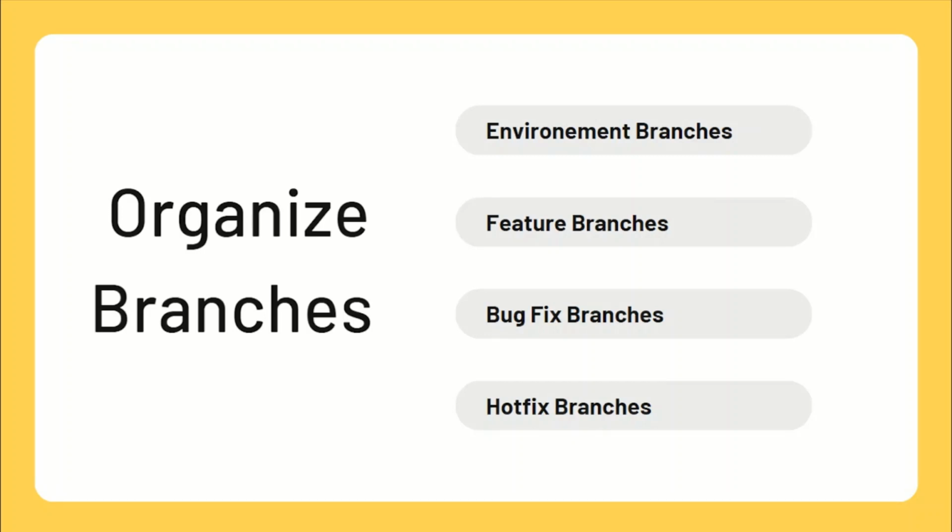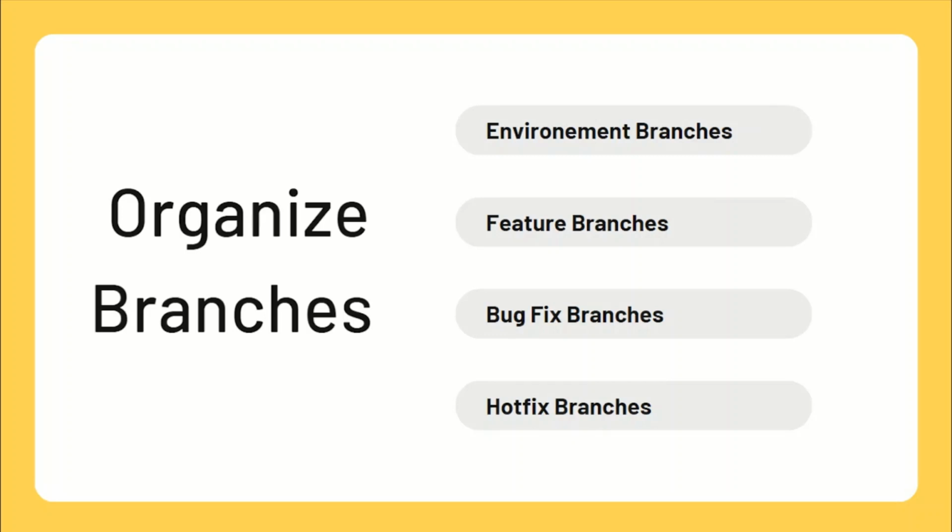This is the branch management system for managing our code. The develop branch will not affect the QA branch, and QA code will not affect the production branch. So these are the environment-related branches.